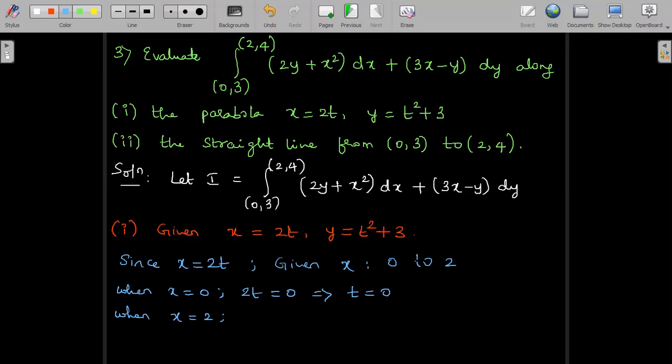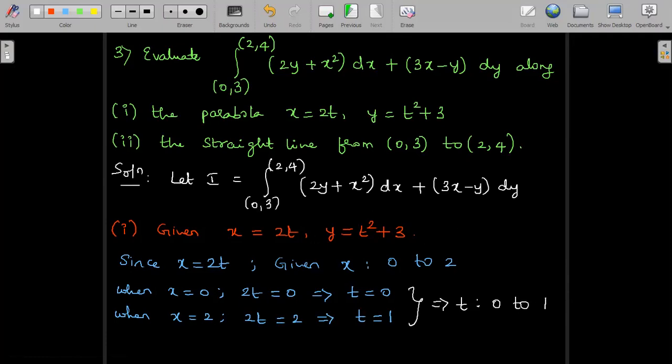Each of these coordinates is of the form x, y, so the upper limit for x given is 2, and that is why I am taking x is equal to 2. So when x is 2, we have 2t is equal to 2, and t will be equal to 1. So with this we can consolidate the limits: t varies from 0 to 1, lower limit to upper limit.